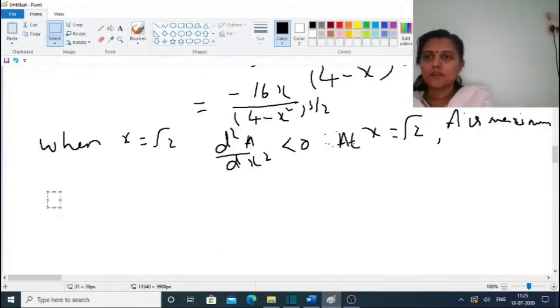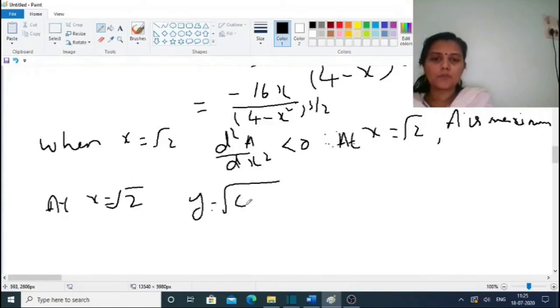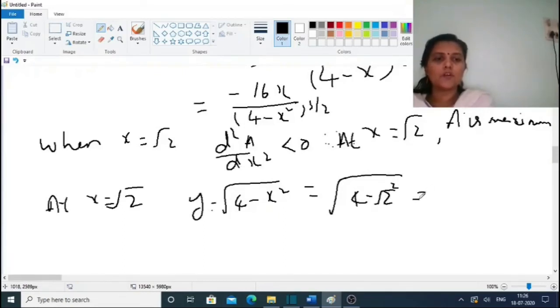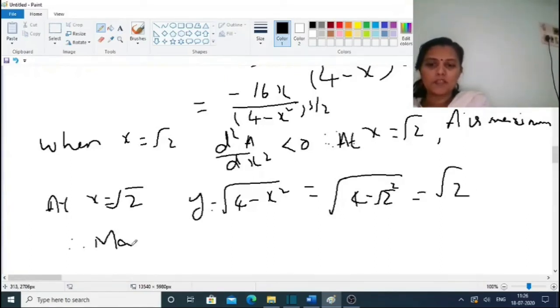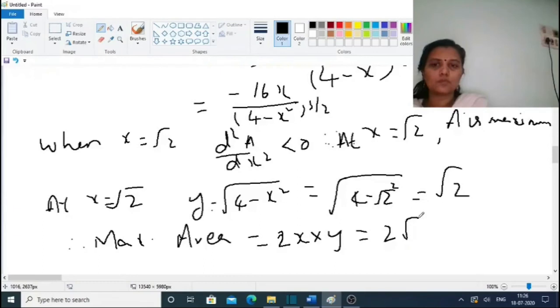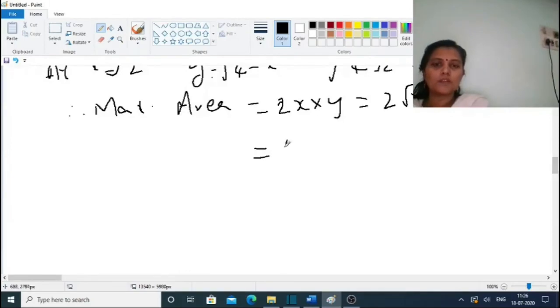Now at x equal to root 2, y is equal to square root of 4 minus x square, which is equal to square root of 4 minus 2, which is root 2. Therefore maximum area is equal to length 2x into y, which is equal to 2 root 2 into root 2 is equal to 4 centimeter square.